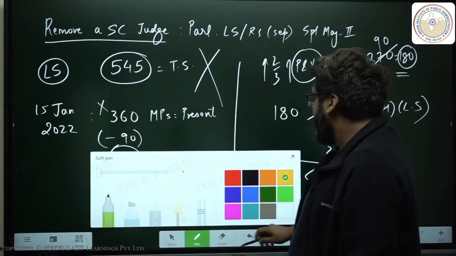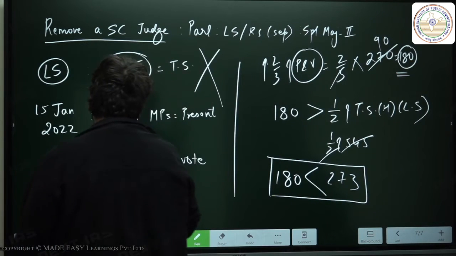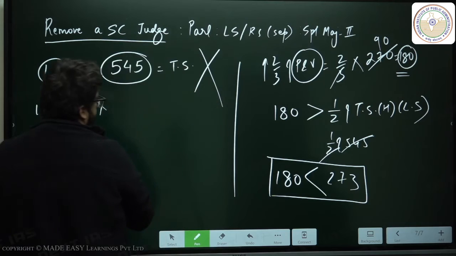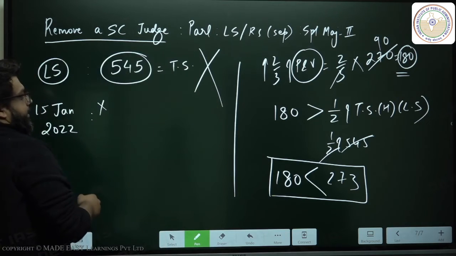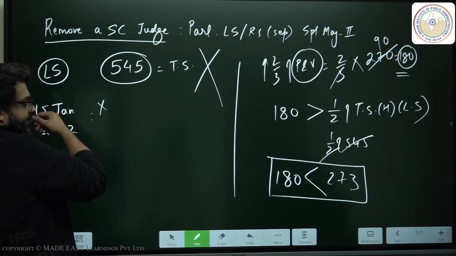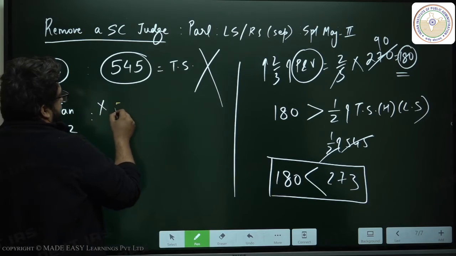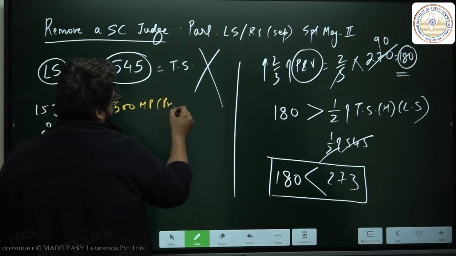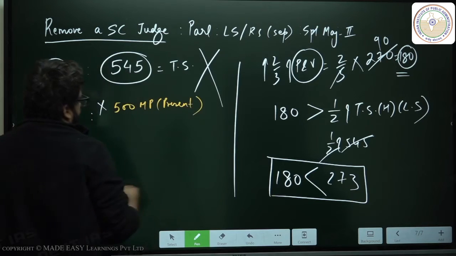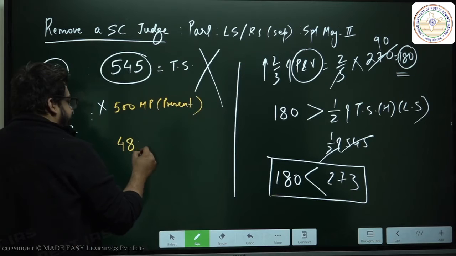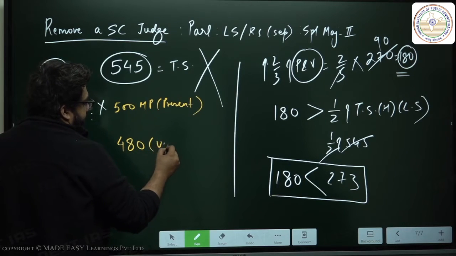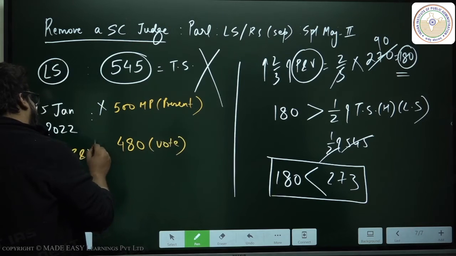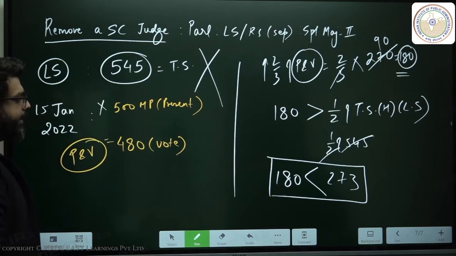Similarly, let us say out of 545 MPs, there were 500 MPs who were present and 480 MPs decided to vote as well. So your present and voting strength would have been 480.